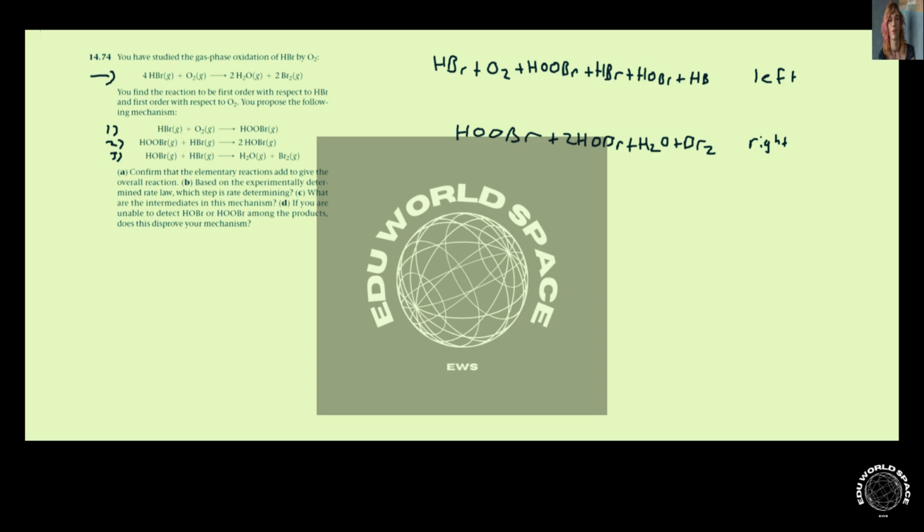Now, if I add all these and rearrange them, what we're going to get is HBr, HBr, and HBr, so we have 3 HBr, and we have 1 O2, and we have HOOBr, which is going to cancel with this one, and we have an HOBr.